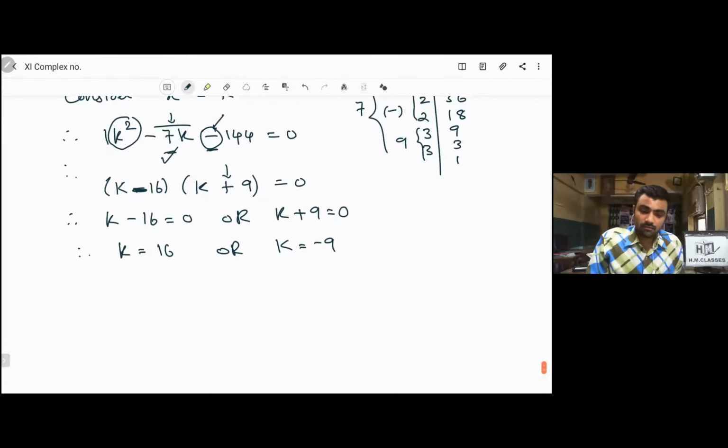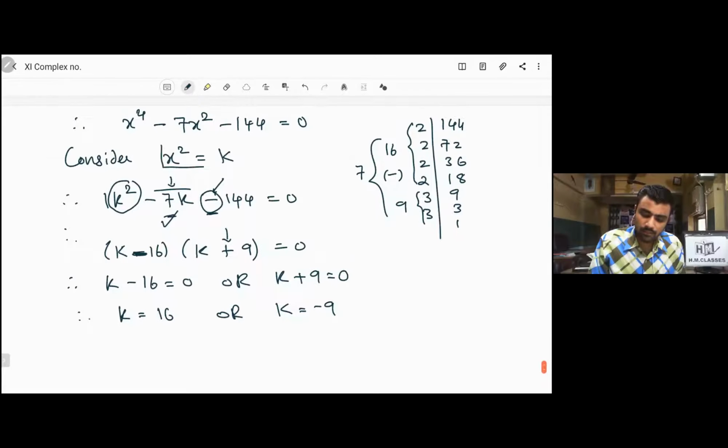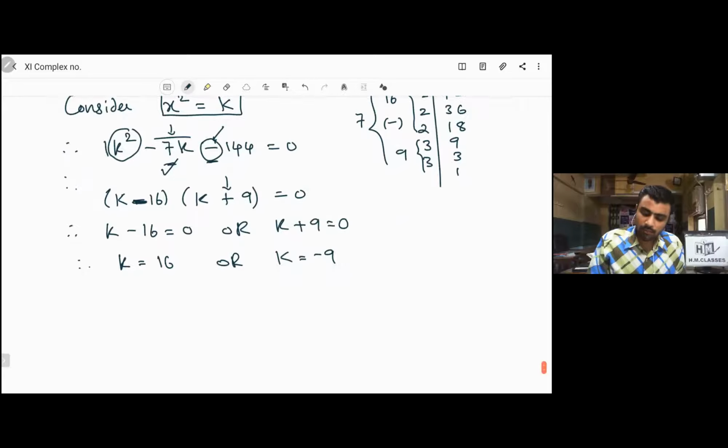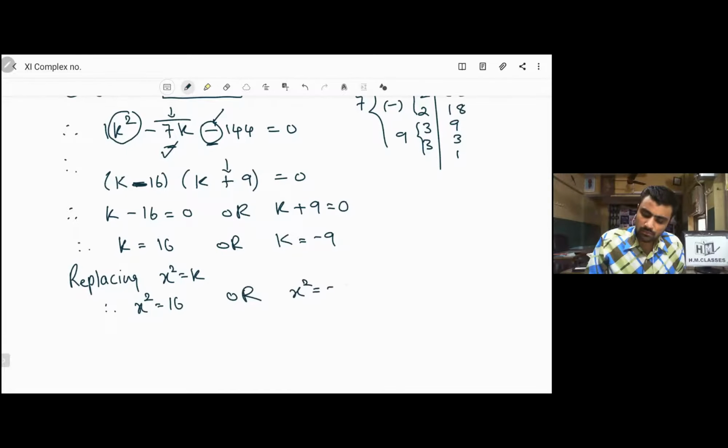But finally, when you substitute again, consider what you did: in place of x square you took k. So once again replace k with x square. So x square is equal to 16 and x square is equal to minus 9.